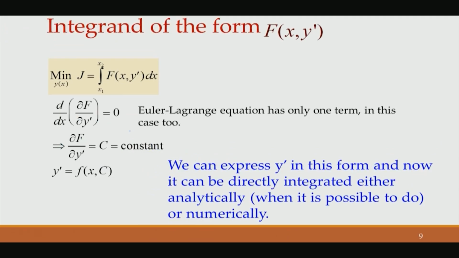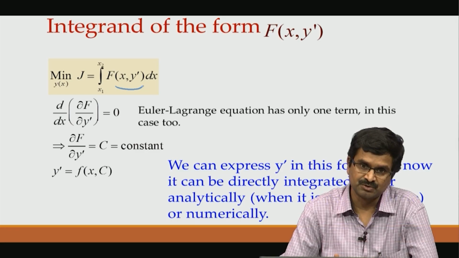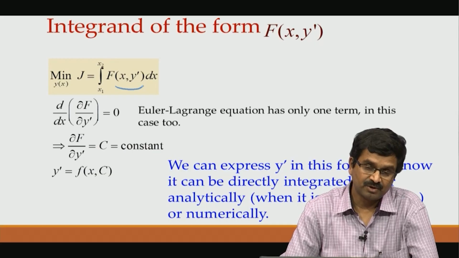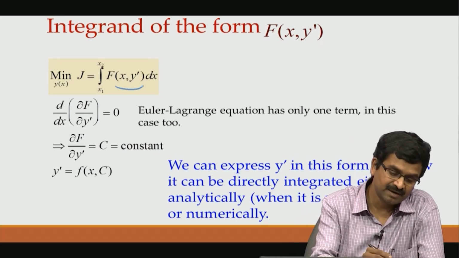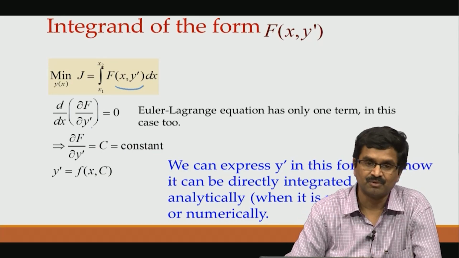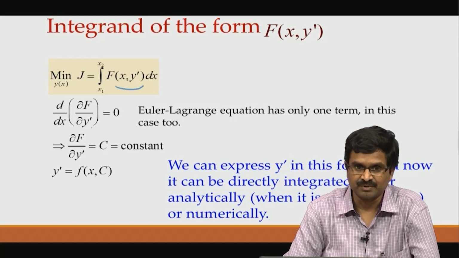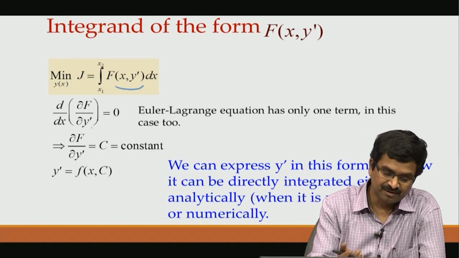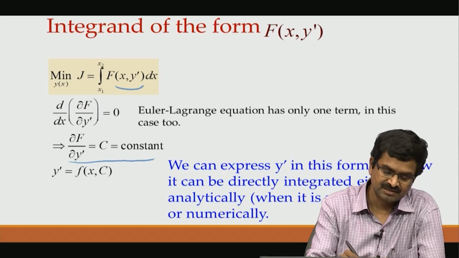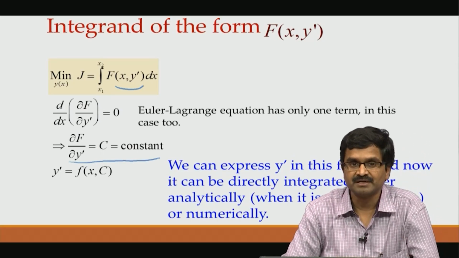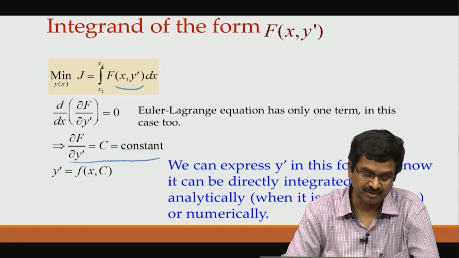Now, let us take the case where there is no y, but it depends on x and y prime. Okay. In which case, if you see there is no y, so when you write the Euler-Lagrange equation, ∂f/∂y is 0, there is no dependence on y, but ∂f/∂y' is present. So, d/dx of ∂f/∂y' equal to 0 is the Euler-Lagrange equation. Now, if you integrate on both sides, you get this result, that is ∂f/∂y' equal to a constant c that you can determine from the boundary condition.